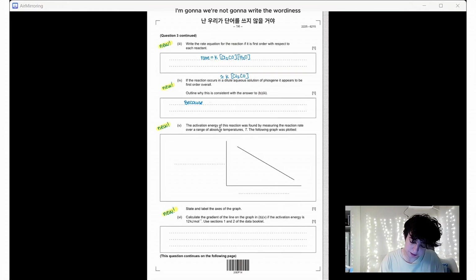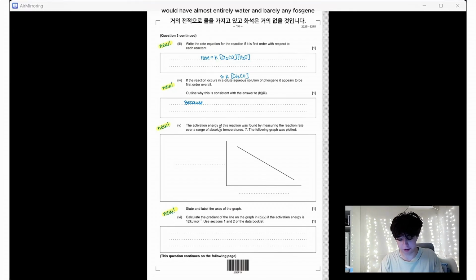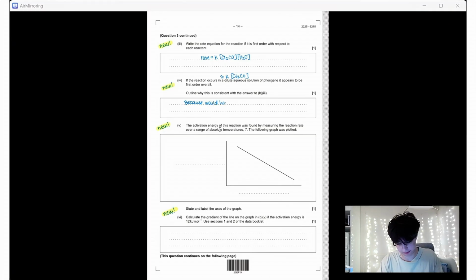I essentially said that because a dilute aqueous solution of phosgene would have almost entirely water and barely any phosgene. And this was accepted.